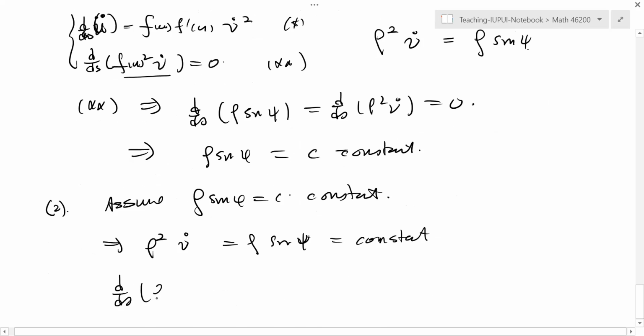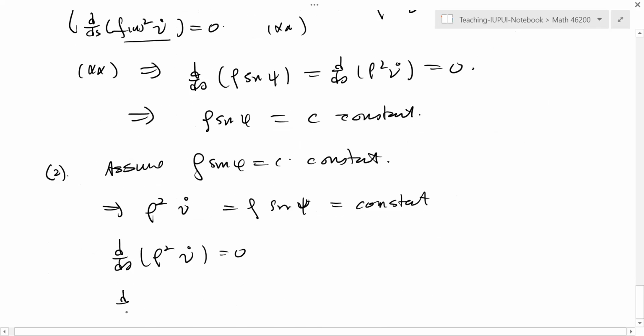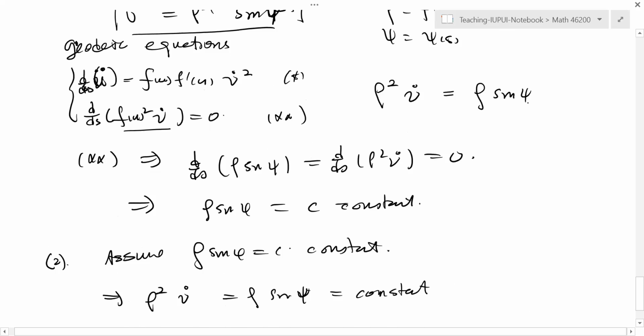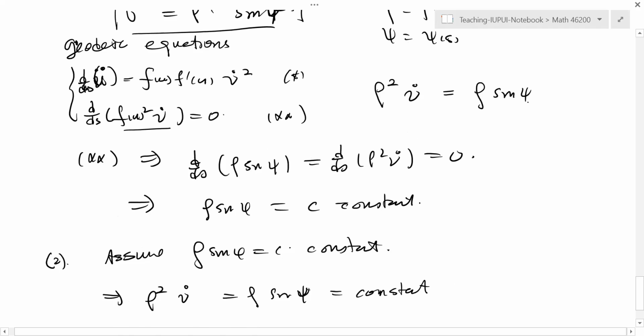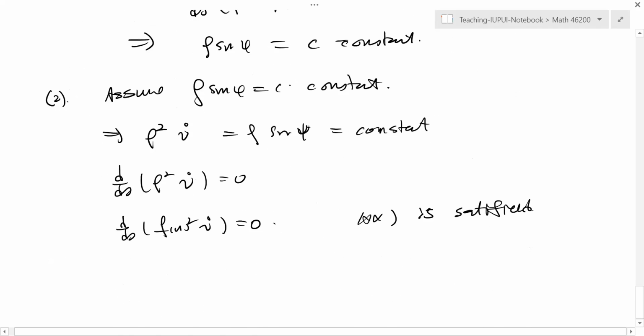So the derivative of rho square v dot is 0, i.e., the second equation is satisfied. In order to prove it's geodesic, you have to prove the first one is satisfied too.